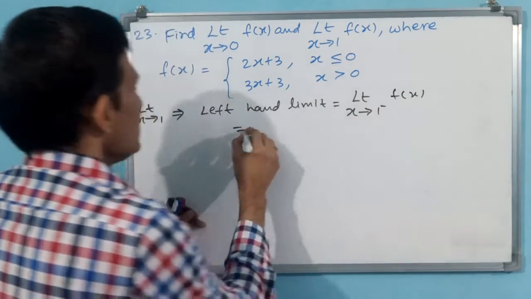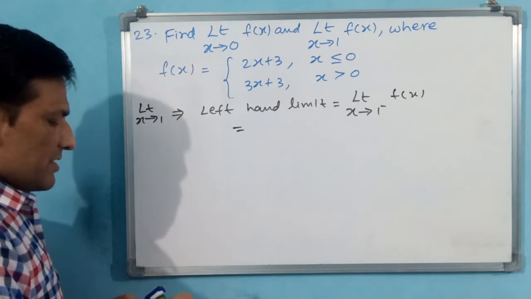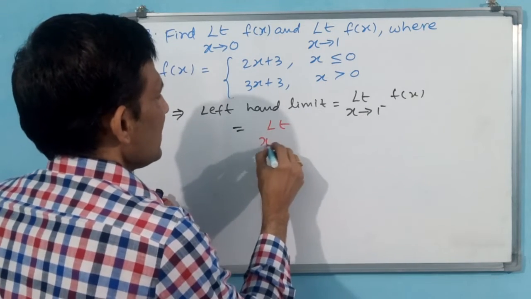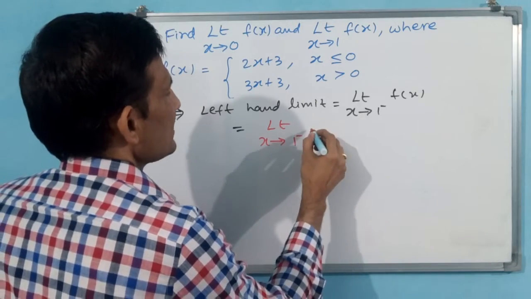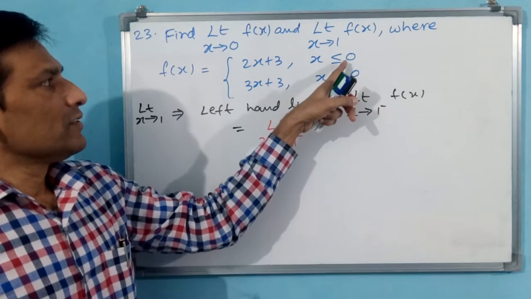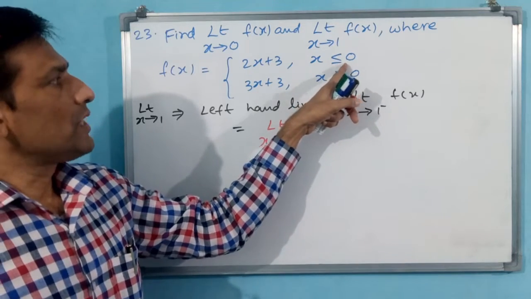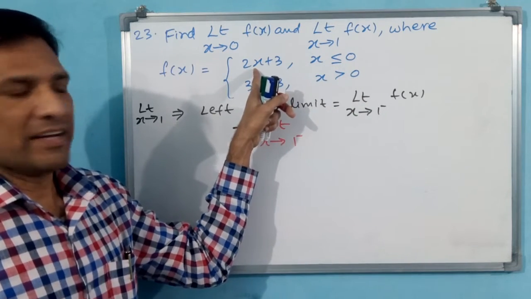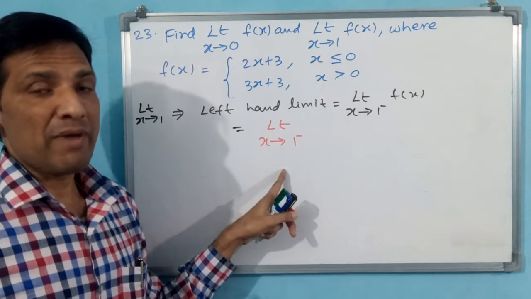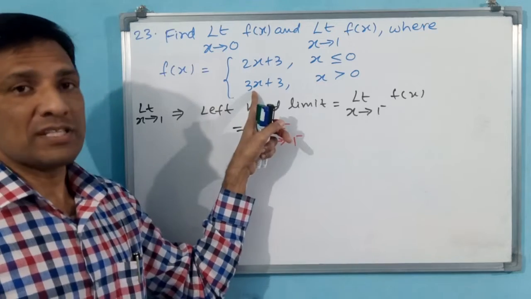Now you take f of x. See, here if x is equal to 0 or less than 0 only, this you have to consider. If more than 0, then this only you have to consider. That means for 1 minus or 1 plus, you have to take only 3x plus 3.